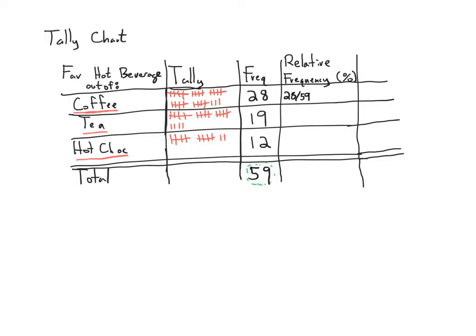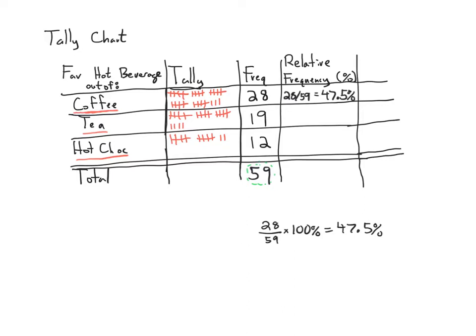Maybe I'll do that down here. So 28 over 59 times 100%. And that gives me, rounded to one decimal place in the percent, 47.5%. So that's the relative frequency here, 47.5%.